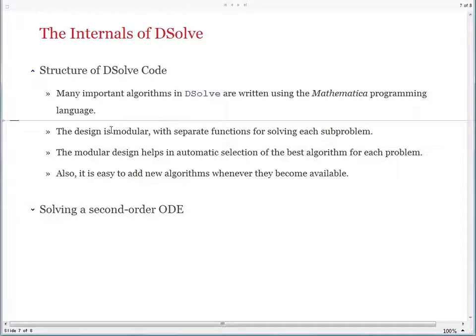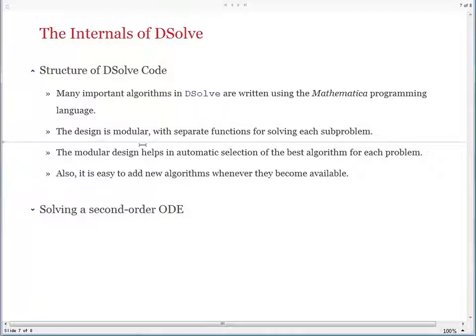The design of DSolve is modular with separate functions for solving each subproblem. So when you give DSolve a problem to solve, it quickly breaks up the problem into simpler parts, and then each part is solved using a different subfunction. So that's really how a good student would work to solve a problem in mathematics.